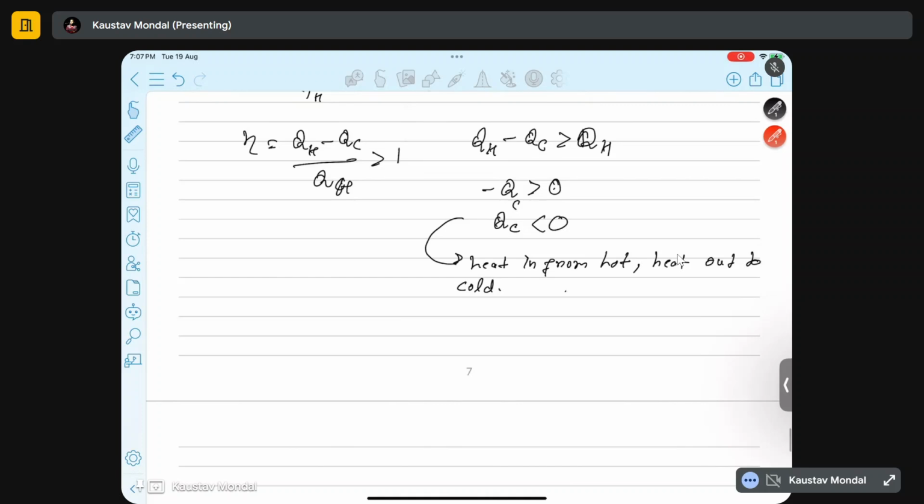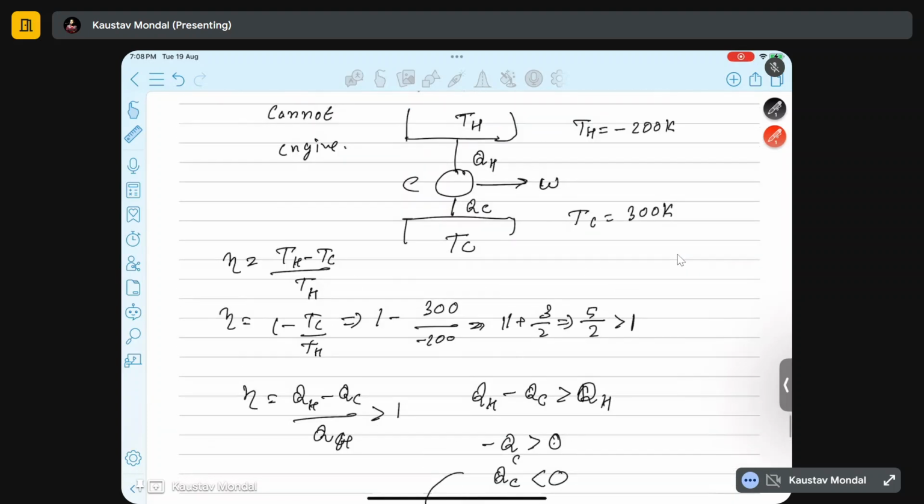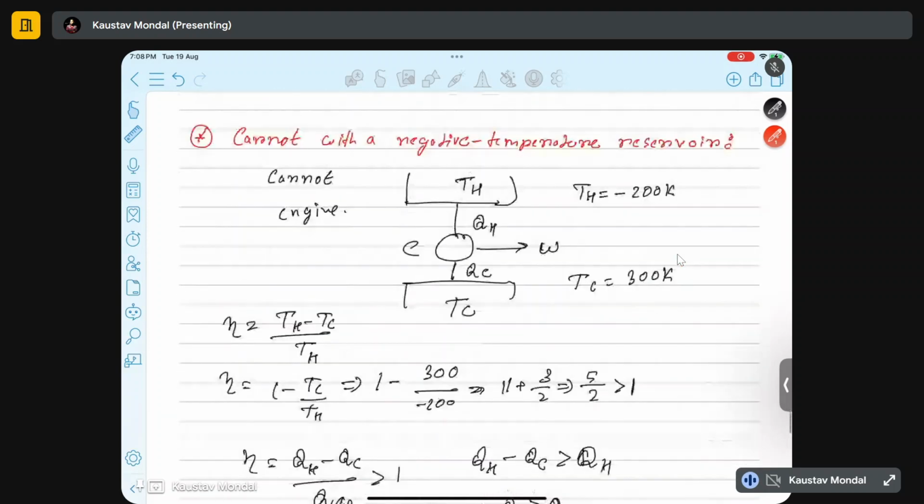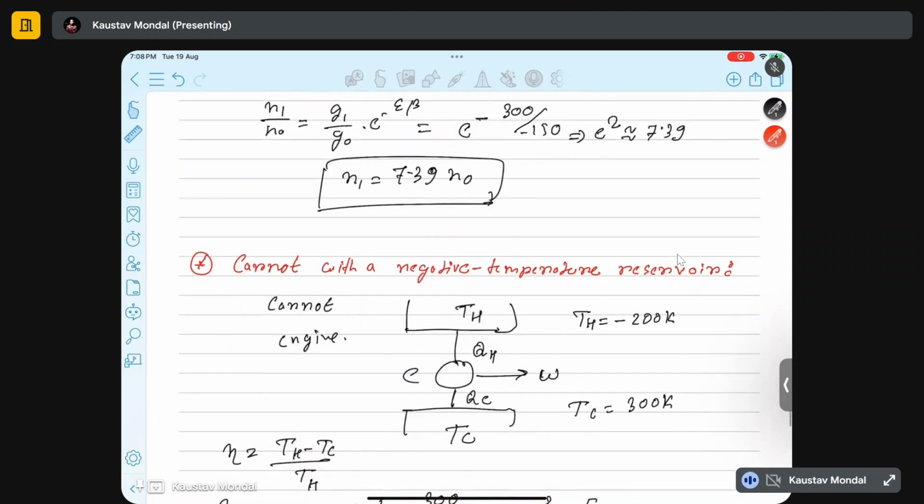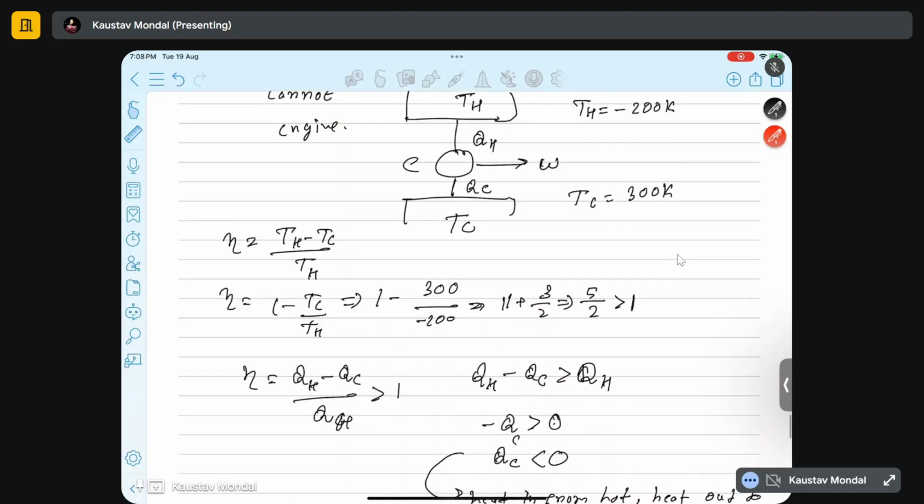This means you can extract work while cooling both reservoirs, right? That is exactly what is happening here. Okay. So this is the problem with a negative temperature reservoir Carnot engine.